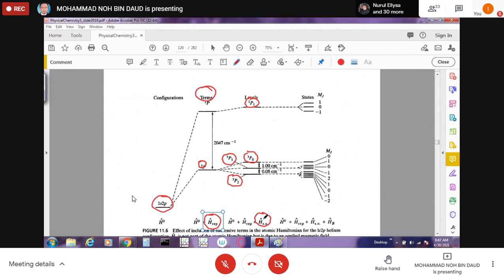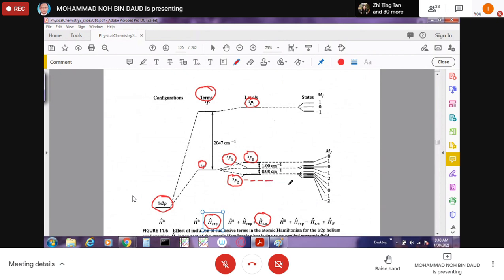Okay, the energy splits each term into levels. This level comprises states with the same value of J, and this is 2J plus 1 degenerate, corresponding to different values of Mj.